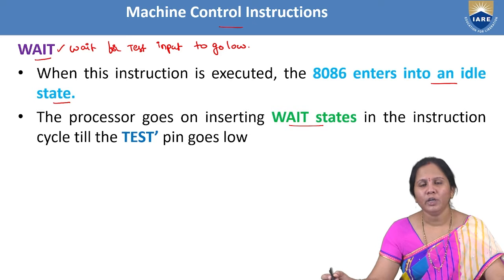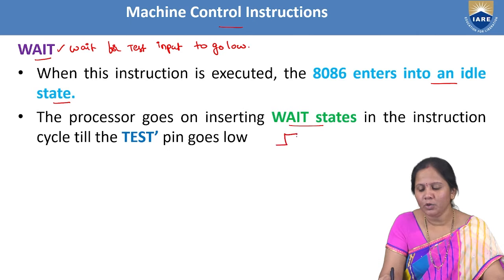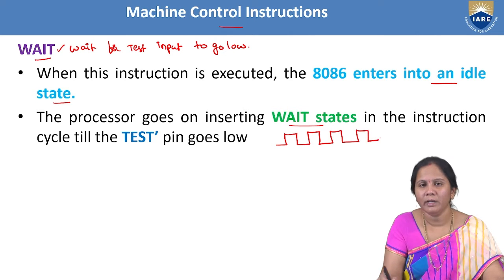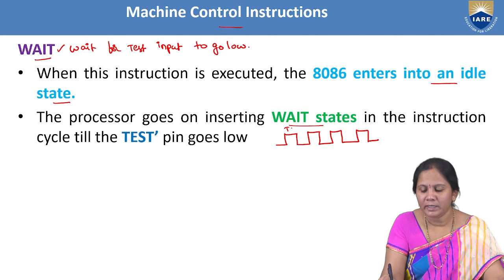As we know, in order to execute one instruction cycle, 4 clock cycles are required: T1, T2, T3 and T4.